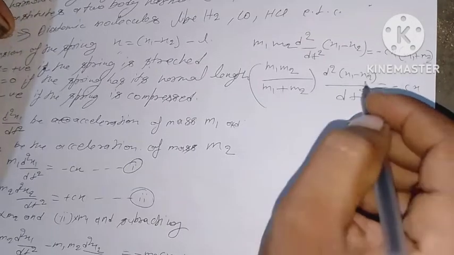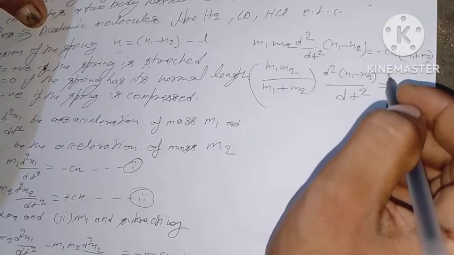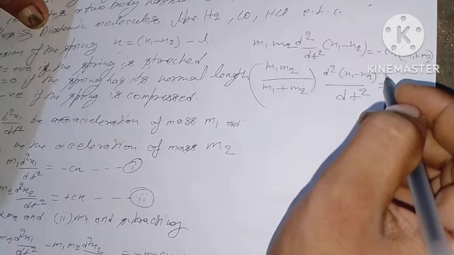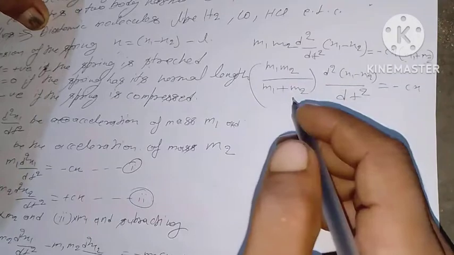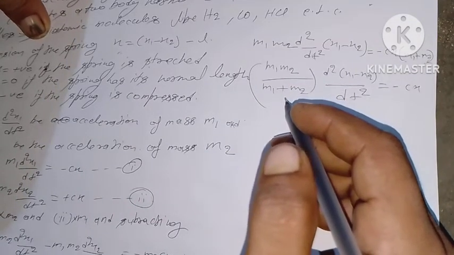Now L being a constant, d²(x1 minus x2)/dt² equals d²x/dt².